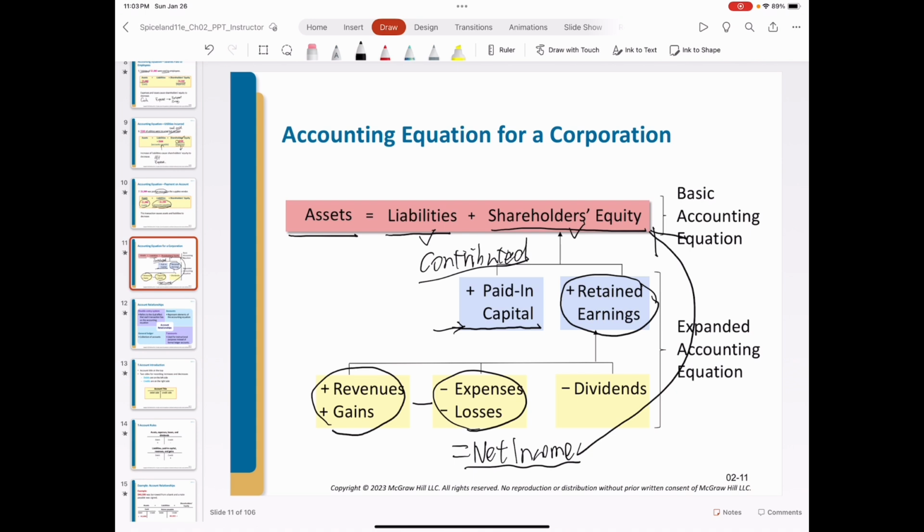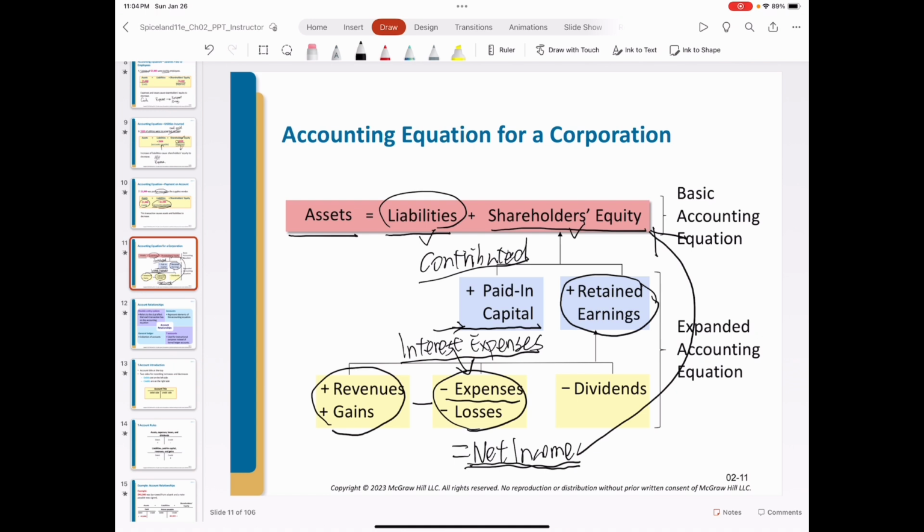The liabilities represent the claim from the creditors. The creditors have the claim to the assets for principal and interest, and the interest is considered an expense when we prepare the income statement before we get the bottom line, the profits.